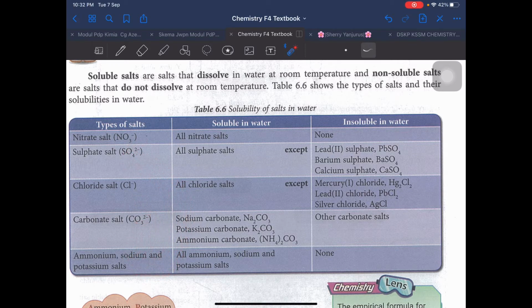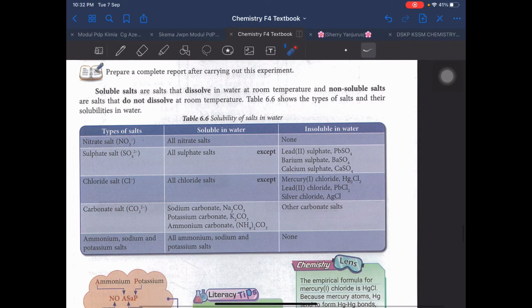Okay, itu contoh. Asalkan di depan tu ammonium, sodium, and potassium memang soluble in water sudah. None of these 3 types of metal ion, when combined with the salts, are insoluble in water. Please hafal this jadual, table 6.6.